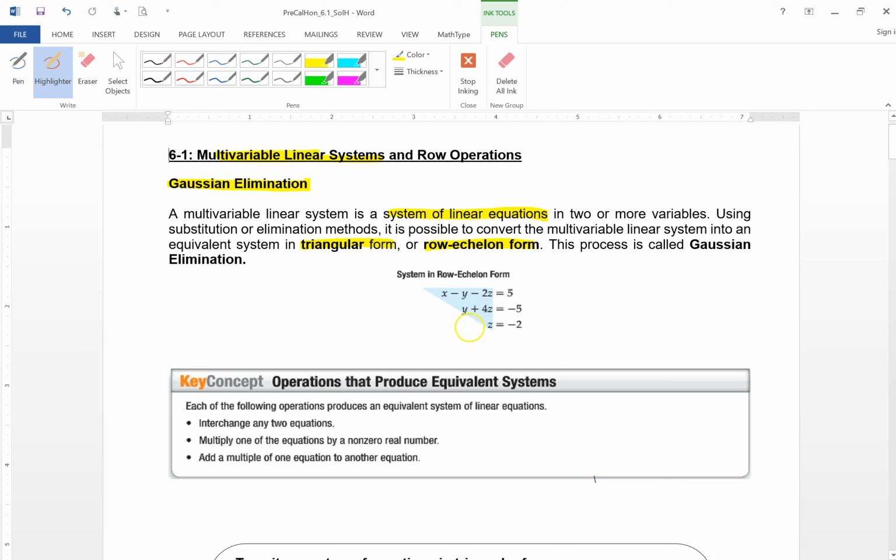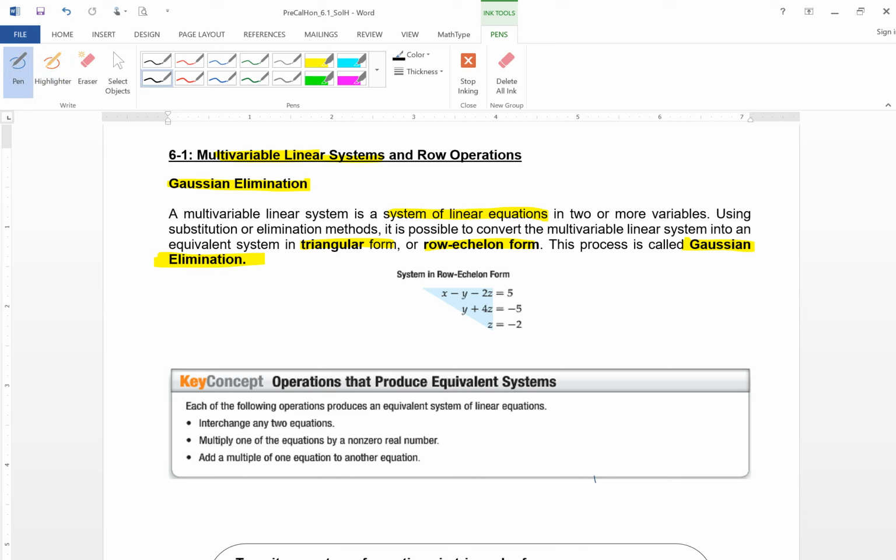In the third row, the X and the Y elements disappear. So the bottom triangle just goes away. This process of converting the system of equations into triangular form is called Gaussian elimination. So when you do Gaussian elimination, you convert to row echelon form. On the test or quiz, I will just say, put the system or the matrix in row echelon form. You will know what that means.